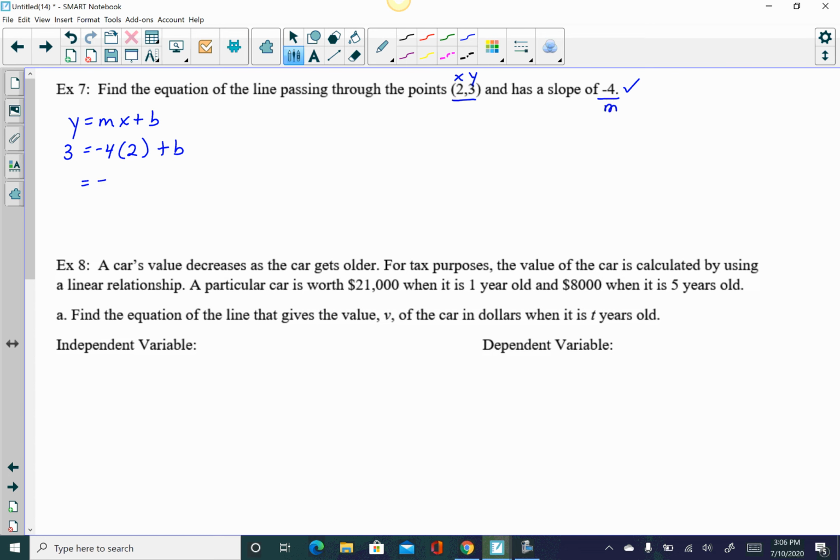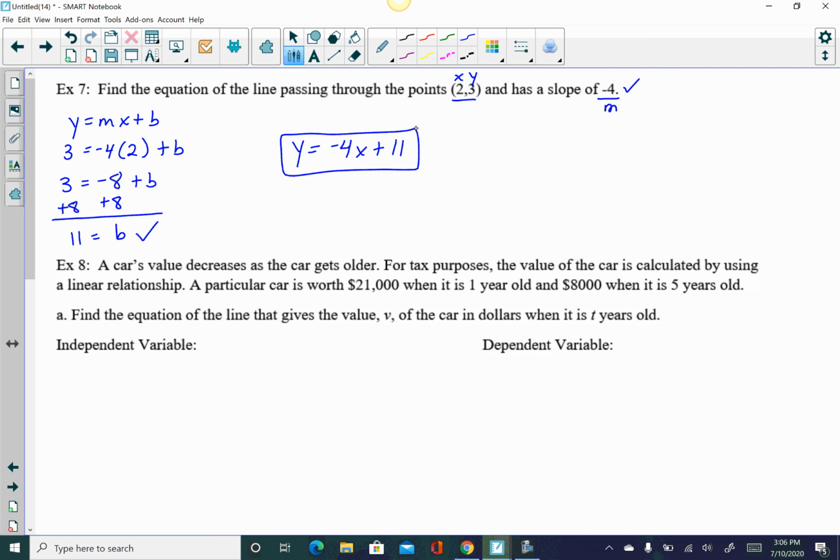Negative 4 times 2, of course, is negative 8. Get that b all by itself, so add 8 to both sides. So b equals 11. So final answer then, I've got a slope and I've got a y-intercept, so y equals negative 4x plus 11. Final answer.